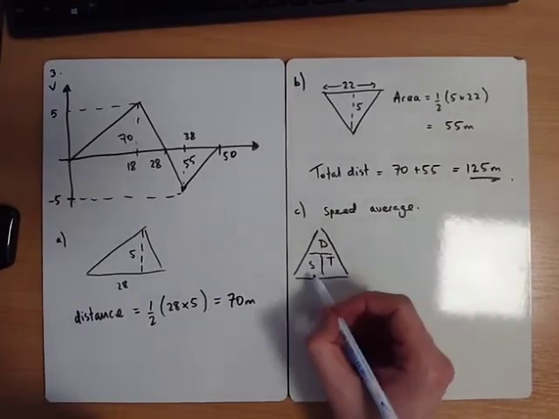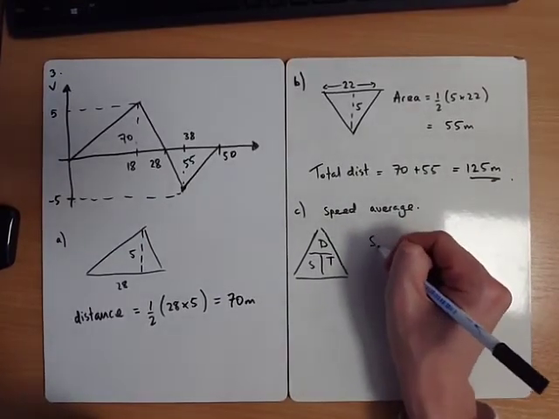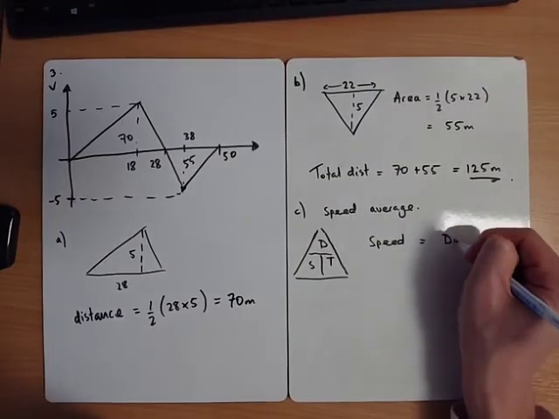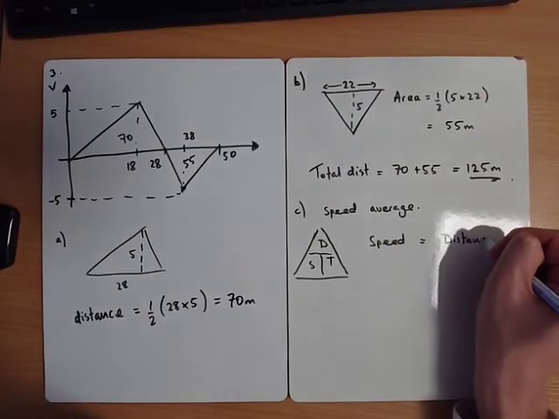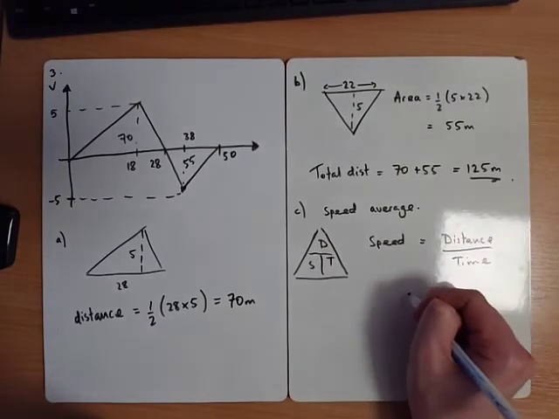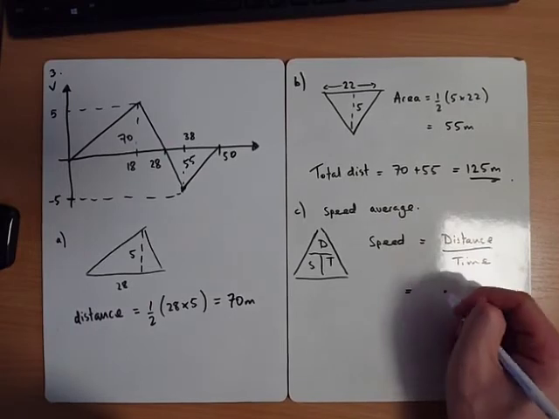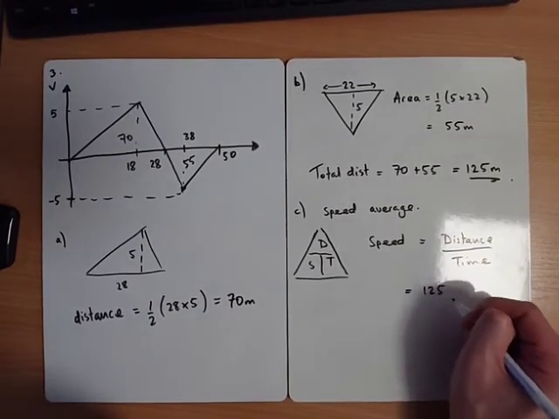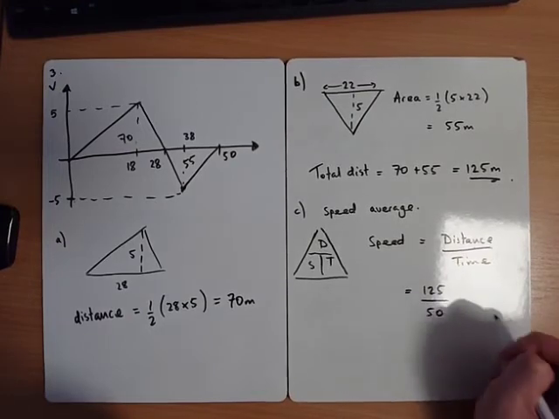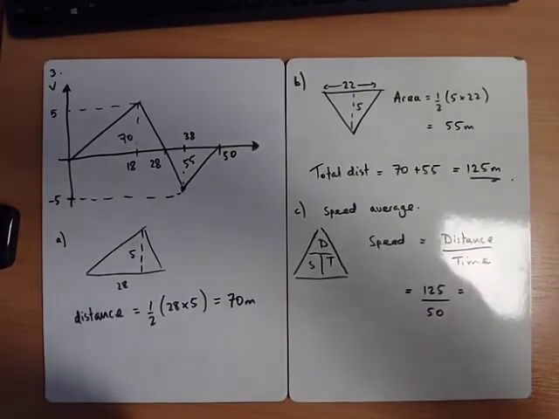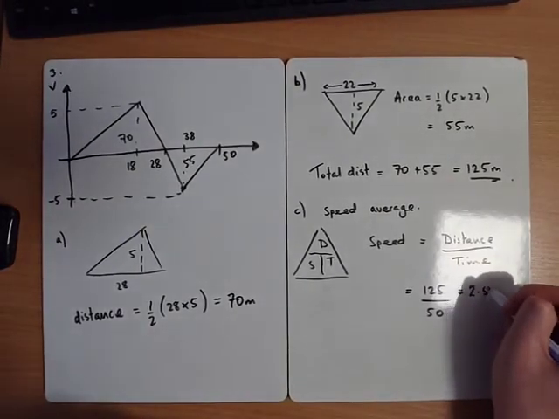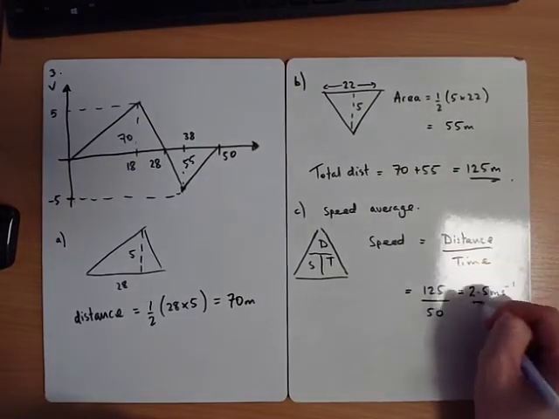If you want the average speed, it's distance over time, isn't it? So the total distance that we travelled was 125 metres. And the total time taken to do that was 50. So that gives us 2.5 metres per second.